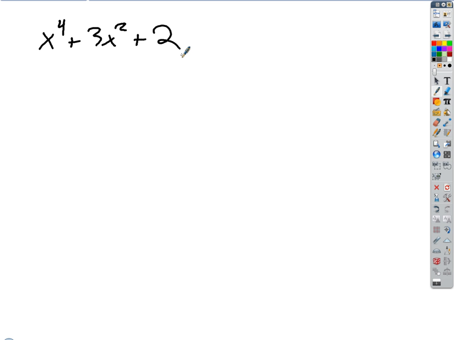What does that kind of look like? We can factor out an x squared. This looks an awful lot like what we did last chapter, doesn't it?